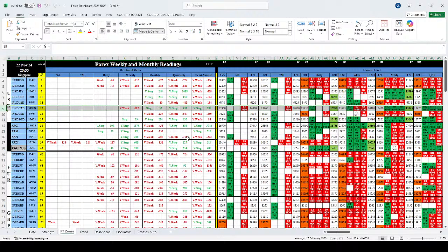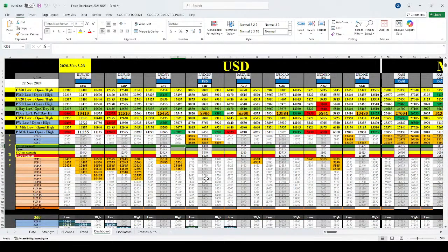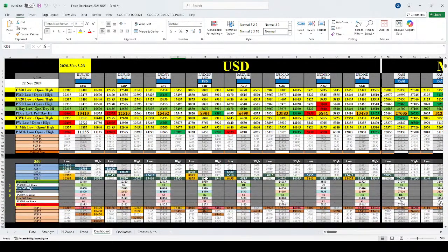If you look into our 360 and 720, we are seeing a selling force, followed by daily showing a mild buying force because of today's movement in the afternoon. So the direction we should be staying in is most likely going for a sell.